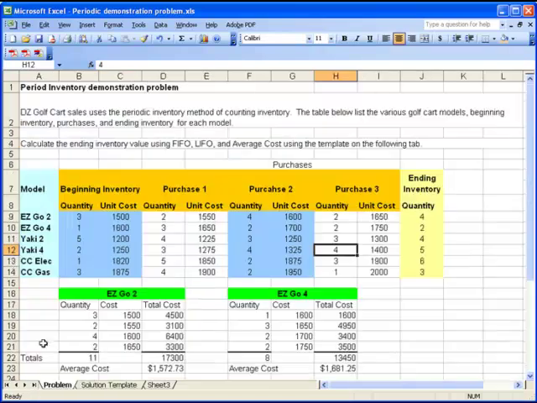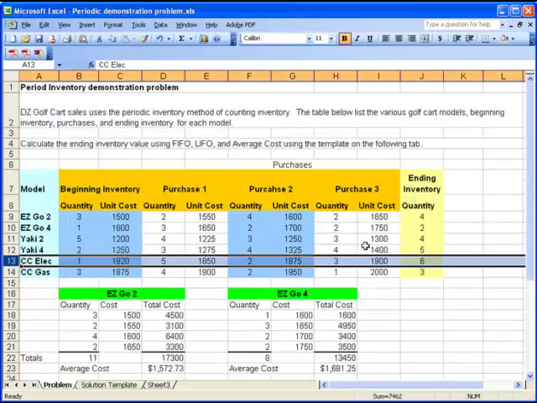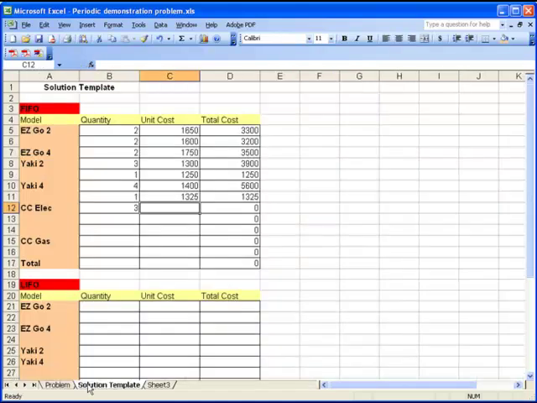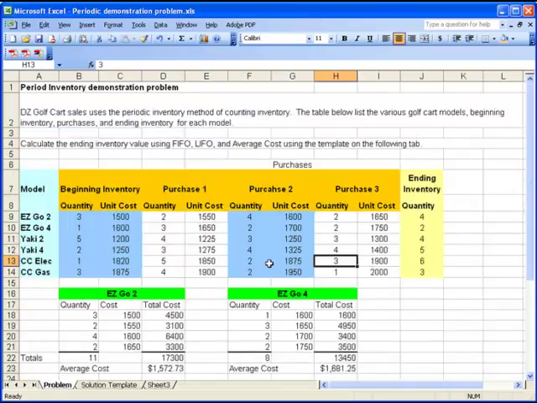Our ending inventory is made up of 6 units. We started with 1, then bought 5 more, then 2 more, then 3 more, and these have been sold. What's left in inventory are these 3, and these 2, that's 5, and 1 of these. So 3 at 1900, 2 at 1875, and 1 at 1850.